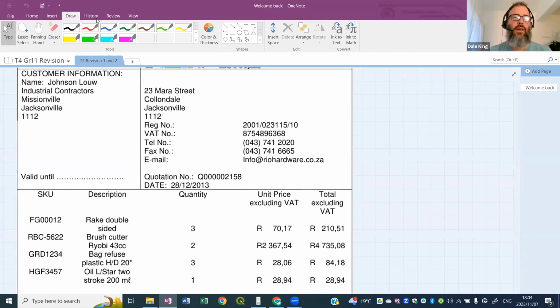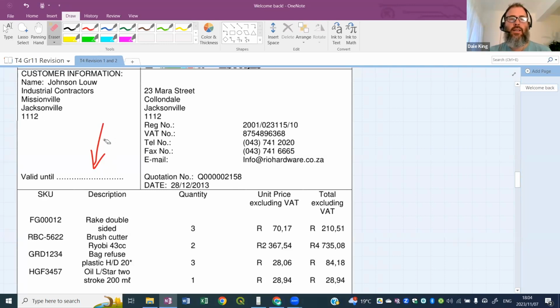And you'll see over here there's a space where there isn't any information, but there's usually a date there that they put down. It says valid until. So this quotation will be valid up until a certain date. If you buy these items within that date, then you get these prices. Okay. Outside of that date, the prices could change.